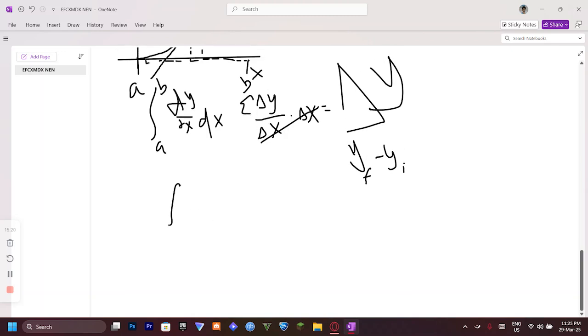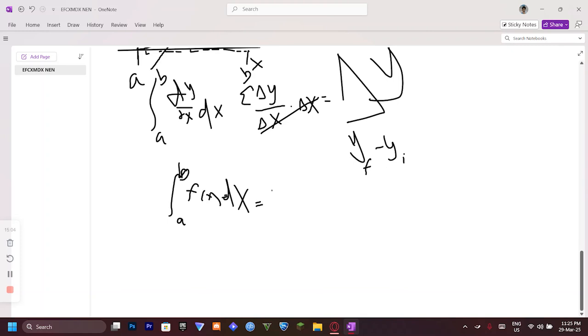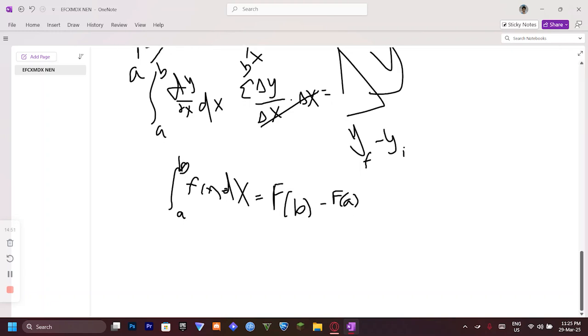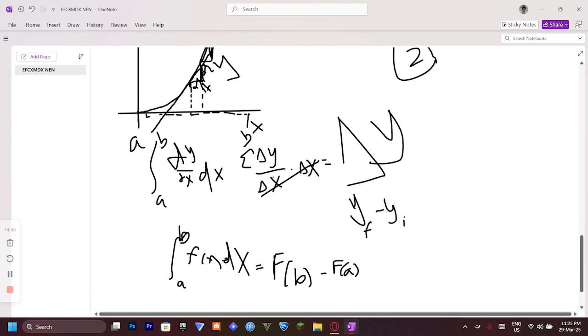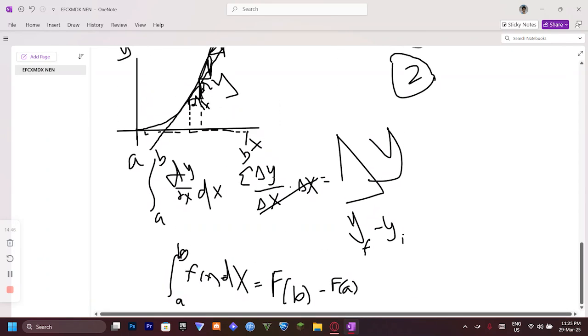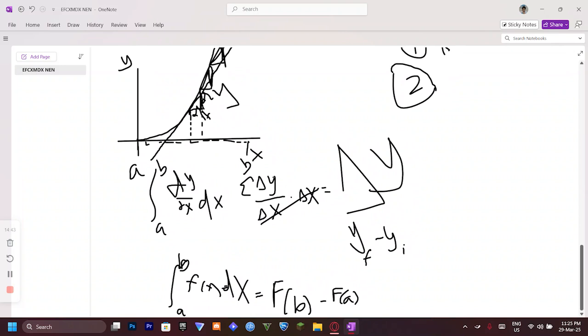It says that the integral from a to b of f of x times dx is equal to f of b minus f of a, where f is the antiderivative of the integrand.